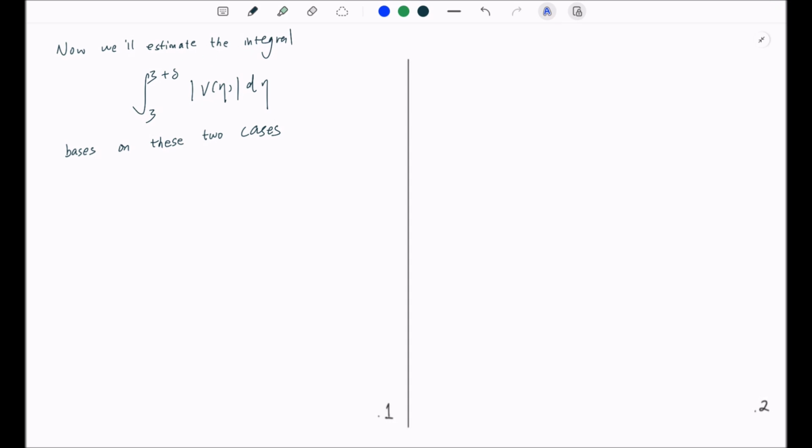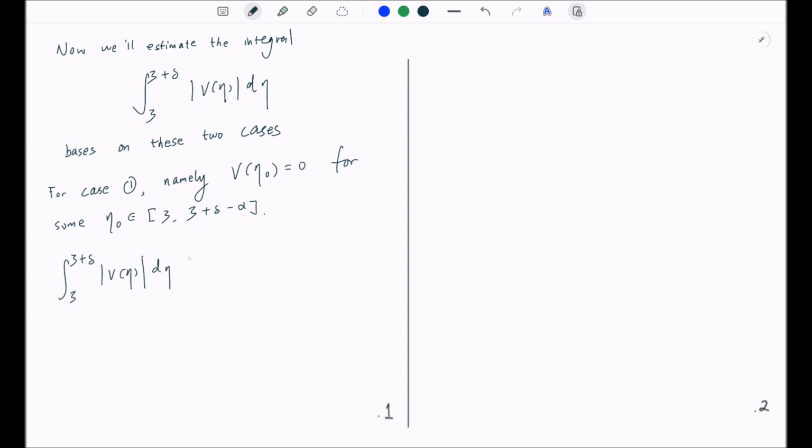Now we will estimate the integral of the absolute value of v of eta from zeta to zeta plus delta based on these two cases. For case number 1, namely v of eta naught equals 0 for some eta naught in the interval from zeta to zeta plus delta minus alpha, we shall split the integral into 3 parts.